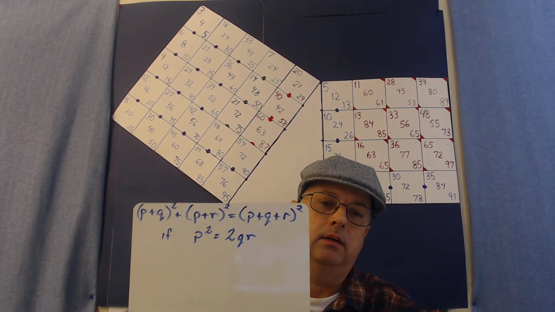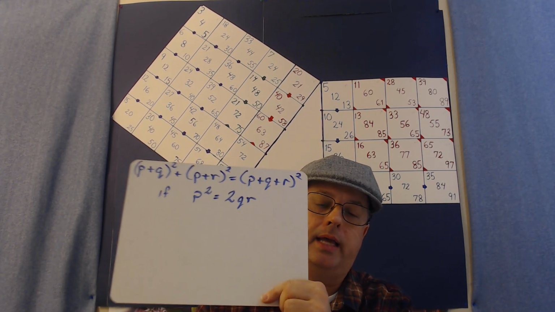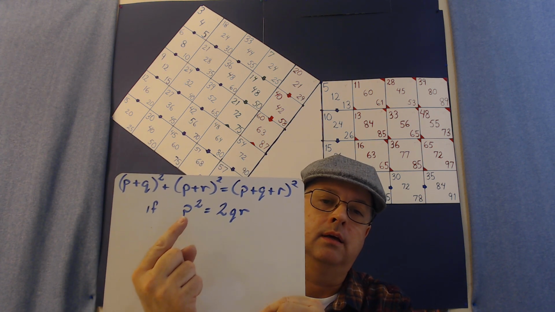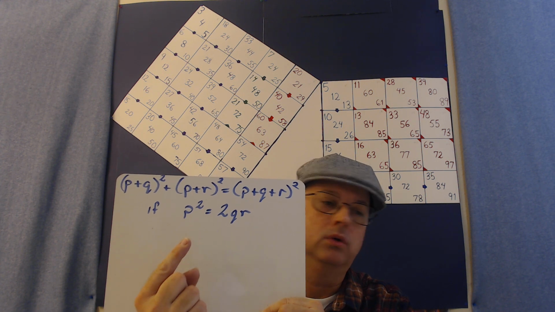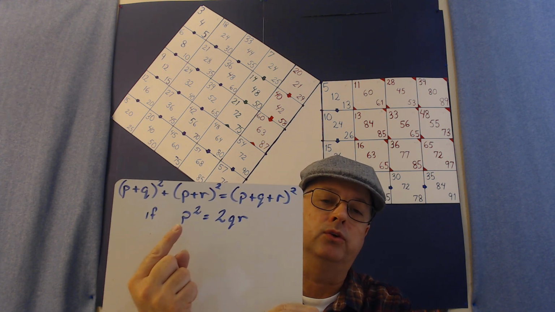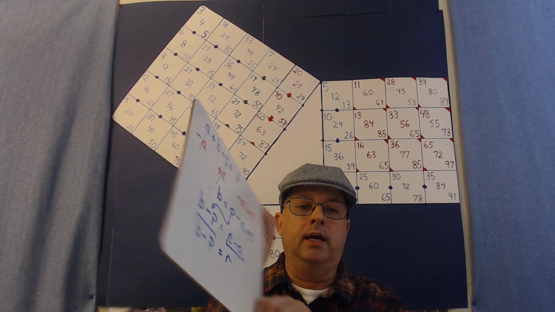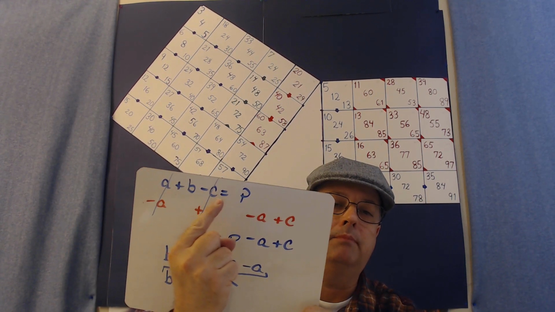And so let's show that the way to get the correct A, B, and C value is to take the A, B, and C values to find P, and to find Q, and to find R. So how did we get P? We said A plus B minus C, and that gave us the P value.